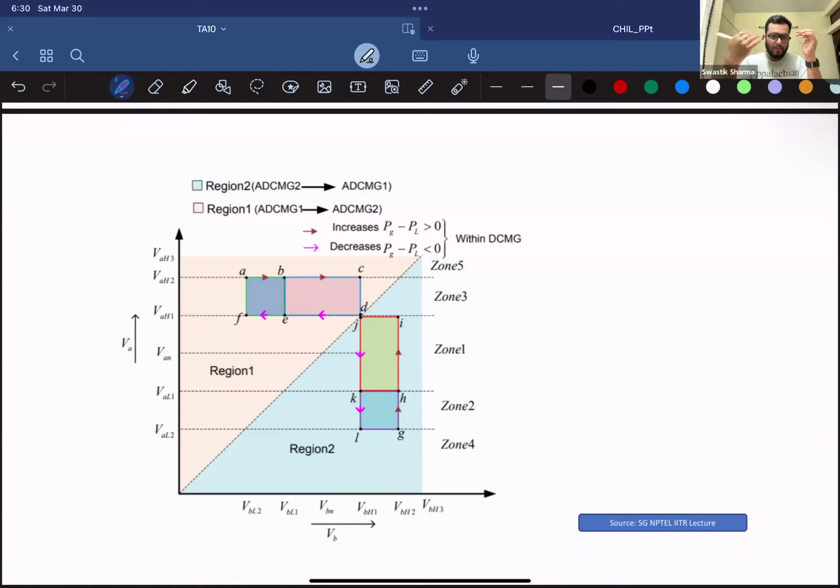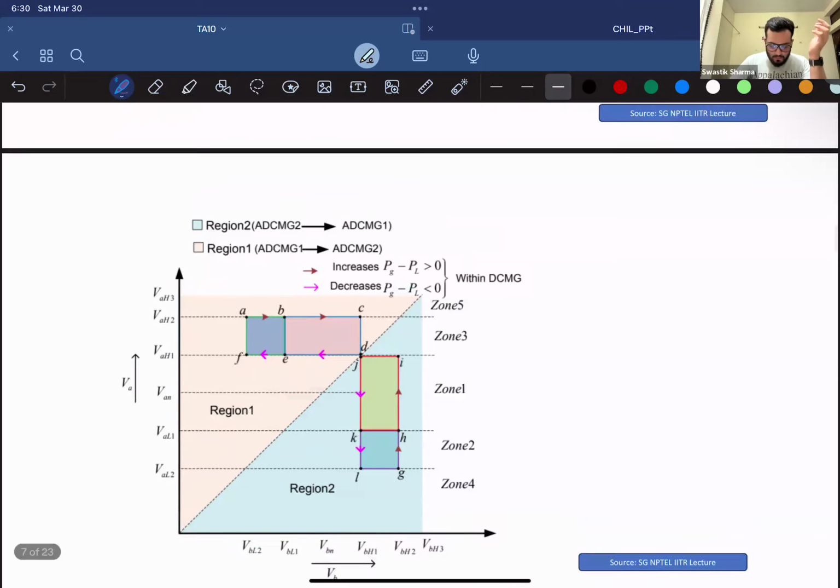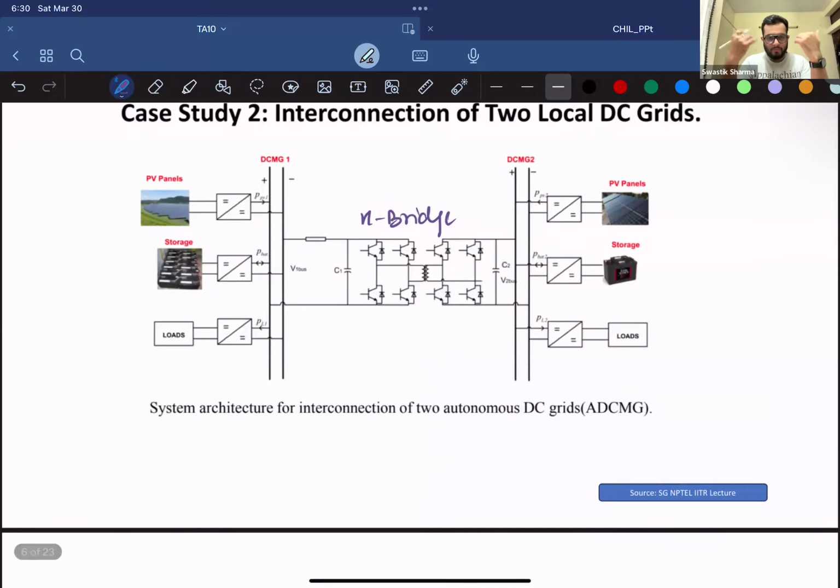You would be able to better support by supplying real power from higher voltage to lower voltage. And in region one, you support power going in the opposite direction, from microgrid one to microgrid two. That's how you develop the system to support your interconnection.